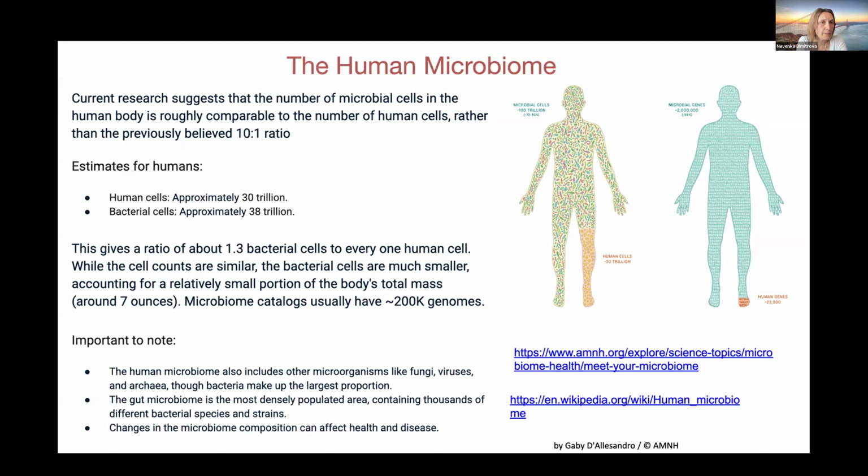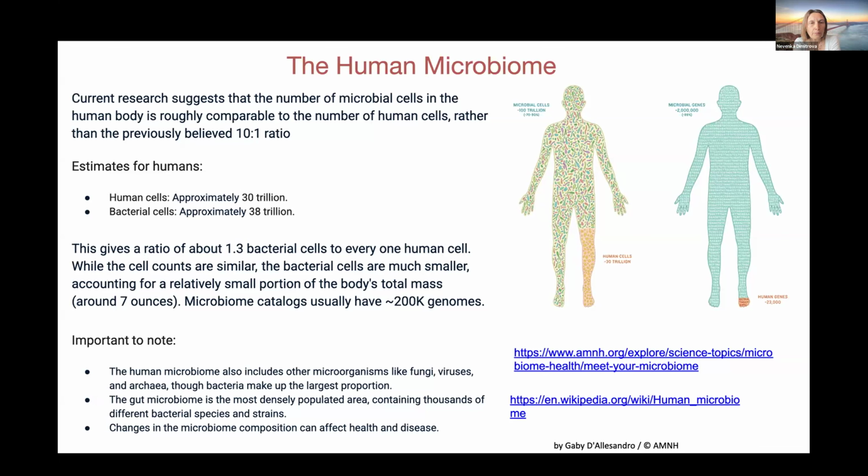The estimate for humans is that in our body, we have about 30 trillion human cells and about 38 trillion bacterial cells. While the number is very big, the total mass is only around 7 ounces. That's why this figure on the right shows the proportion of the weight of the microbiome.